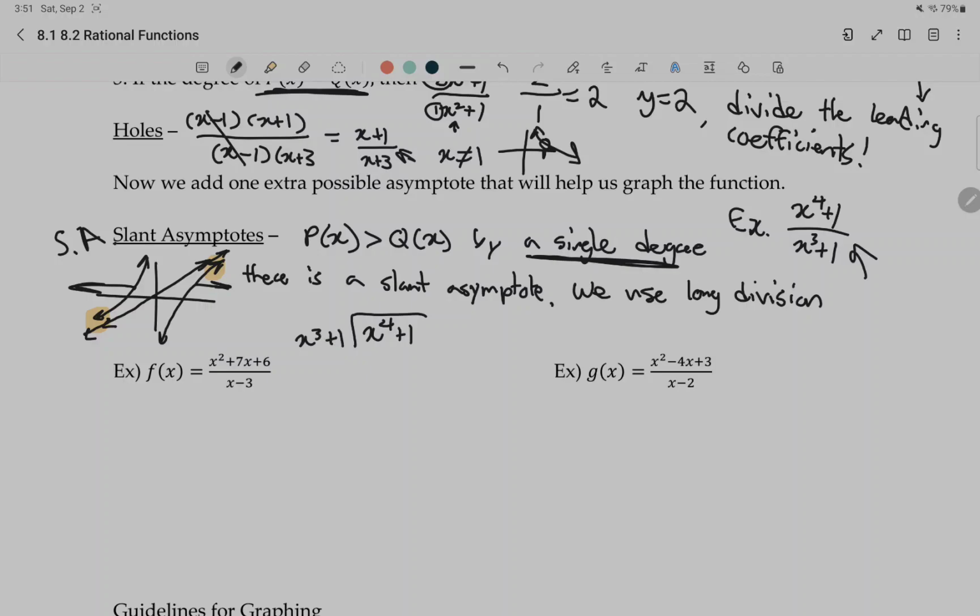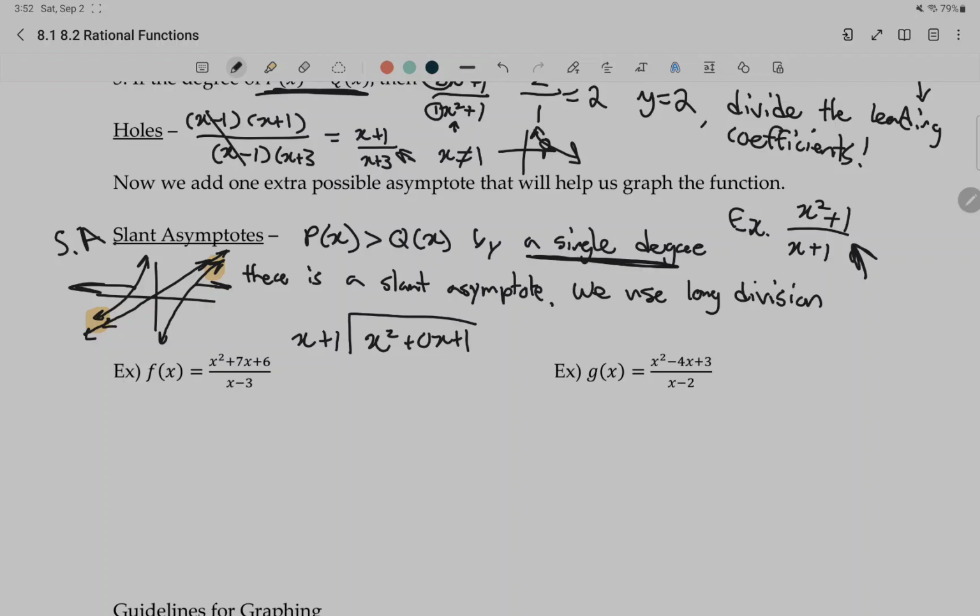There are a few terms missing in the middle, and to make this easier, we're just going to use a single degree starting at the bottom. So we have x plus 1 over x squared plus 1. This will be slightly easier. So x squared plus 0x plus 1, like this, and then x plus 1. So you just set up the equation, instead of in this ratio form, you set it up in this long division form, and then you perform the long division.